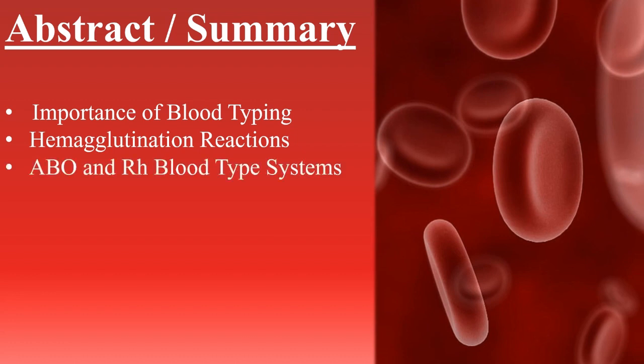This reaction is then observed to determine a person's blood type according to the ABO and RH blood type systems. This information is essential for medical procedures, blood transfusions, and to avoid immune responses on incompatible blood in patients.